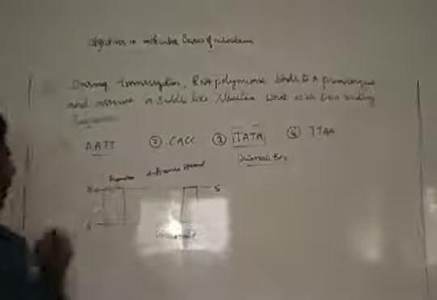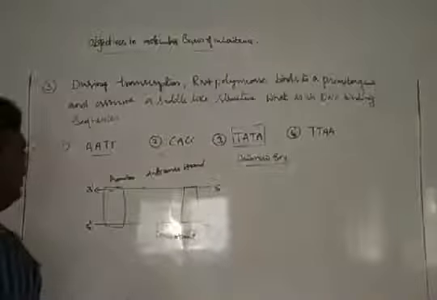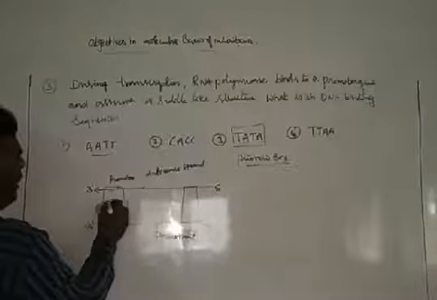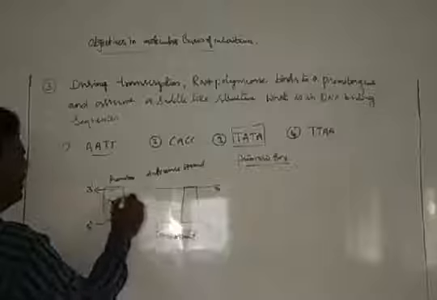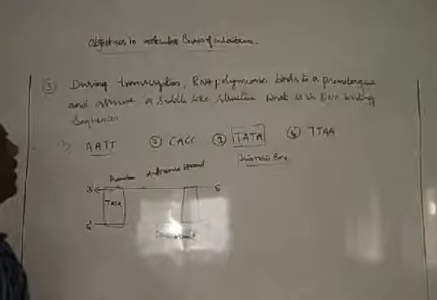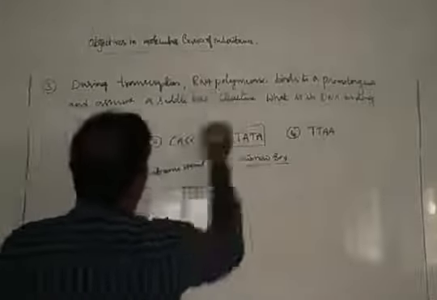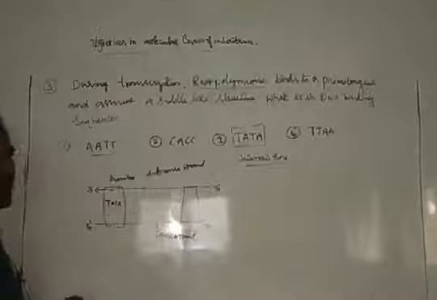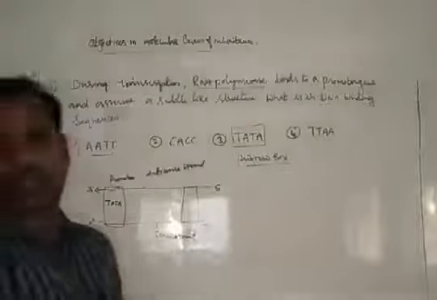In this promoter region, to initiate the transcription mechanism, there is a TATA box, the sequence TATA, thymine and so on. So this initiates the RNA polymerase enzyme binding at the promoter region. So this is the answer for this question.